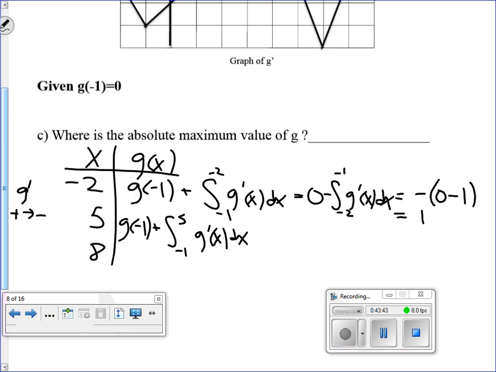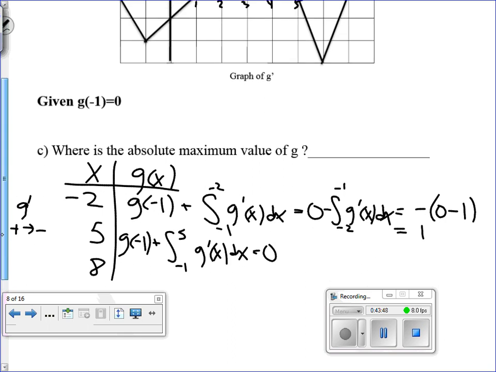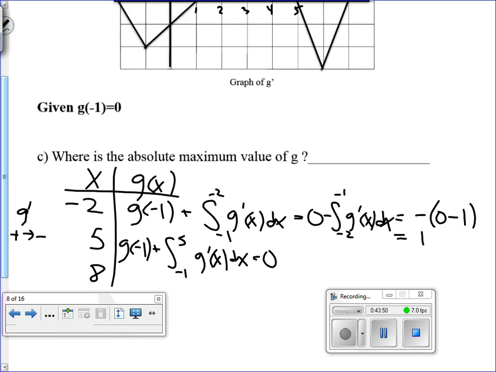So this time we don't have to switch the limits of integration. Lower limit is less. We look at the areas from -1 to 5. So I'm going to do all the area above and then subtract all the area below between -1 and 5.